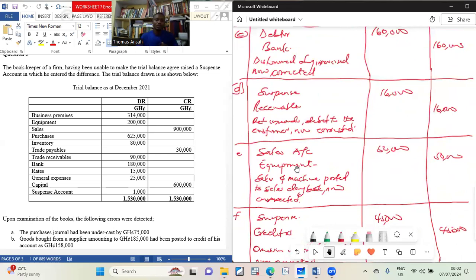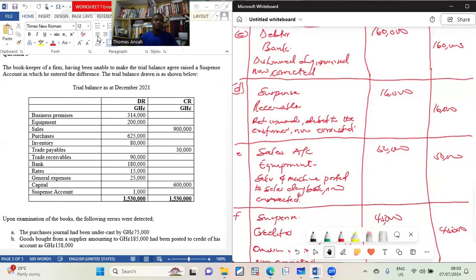We were told that an old equipment was disposed. So what we need to do is that the cost of our equipment as we see it, whatever cost that we have in there, these are the assets, maybe the net book value. But remember, we sold an equipment and we need to credit that. So you can reduce this equipment by that figure, all right?